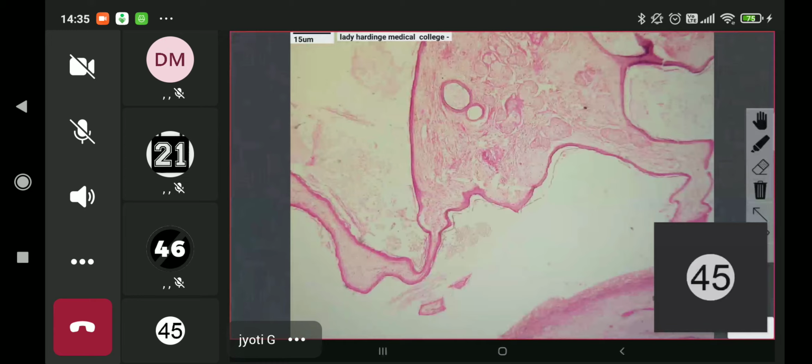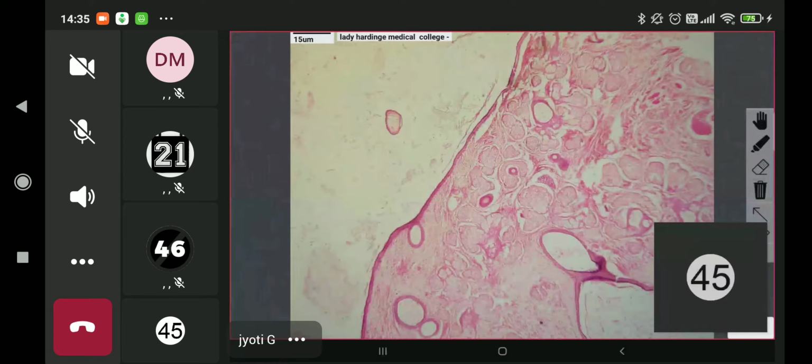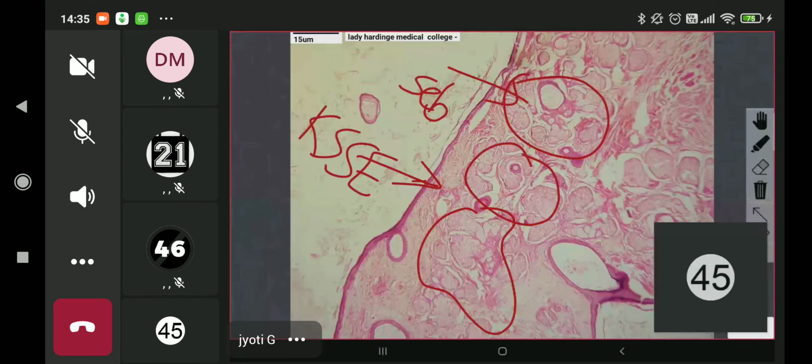This keratinizing stratified squamous epithelium. All these glands that you are seeing inside, lots of them, they are all sebaceous glands, right? Sebaceous glands are arranged around hair follicles. So this is a hair follicle, right?